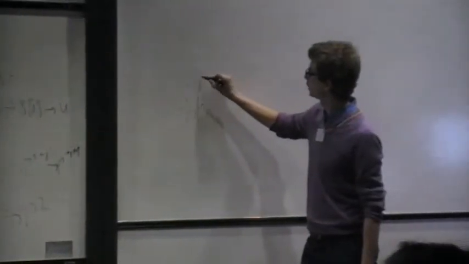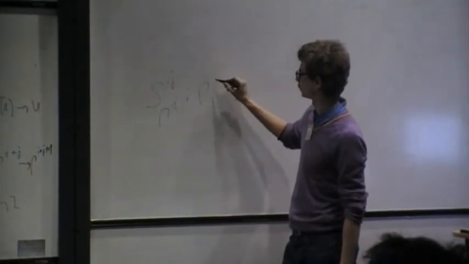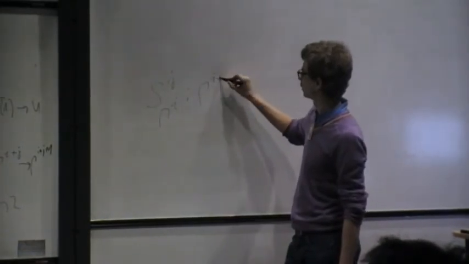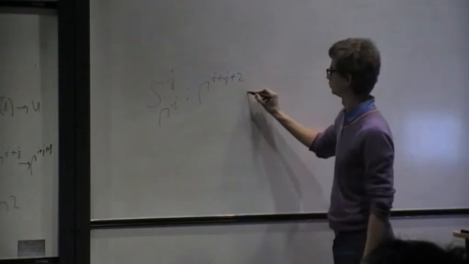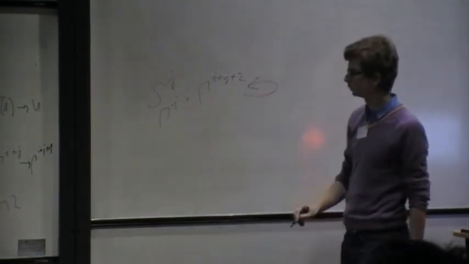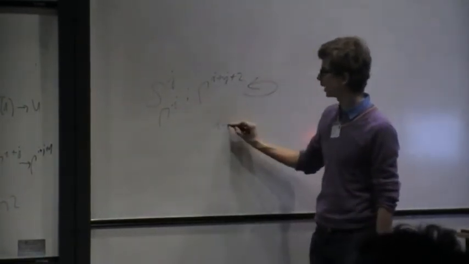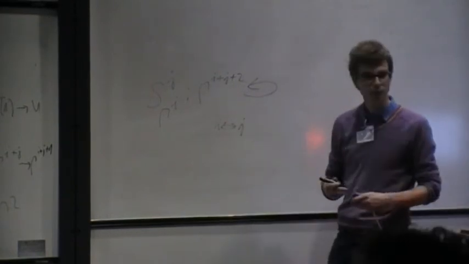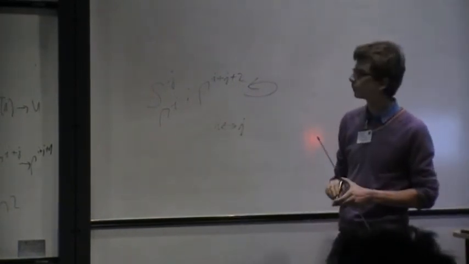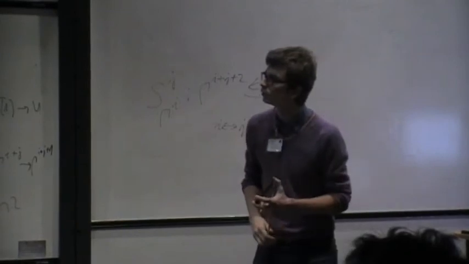So in general, if we have S gamma i j, it will go from gamma i plus j plus 2 to gamma i plus j plus 2, and it will swap the ith and the jth dimensions of the cube. This is how it acts.